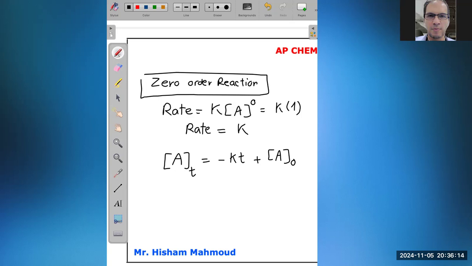So if you make the graph this time between time and the change in the concentration, normally. Take care: the first time, in the first order, it was ln, the second time it was the reciprocal of the concentration, and this time I'm talking about the concentration itself directly. It will make a straight line directly.